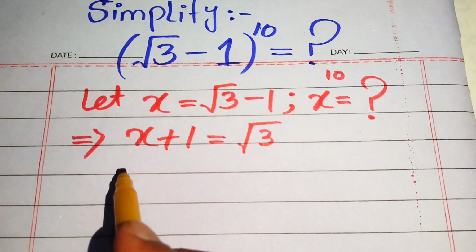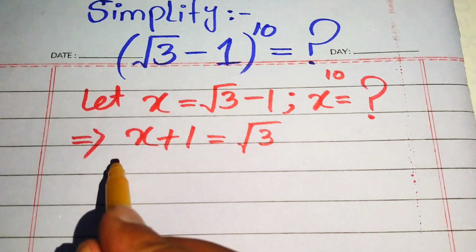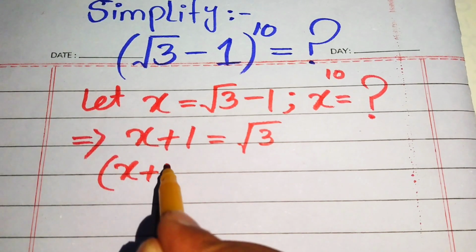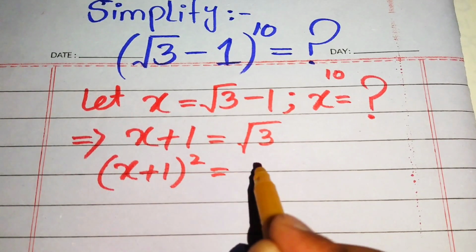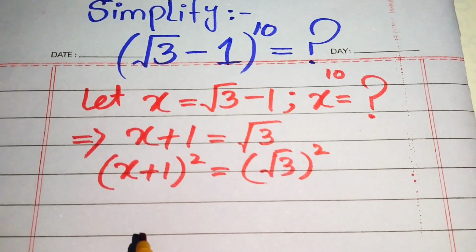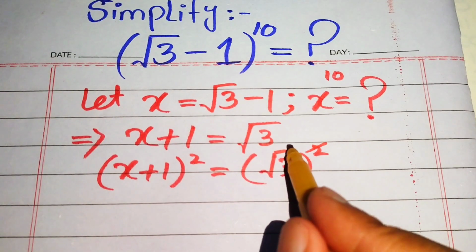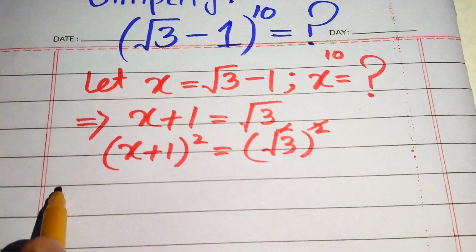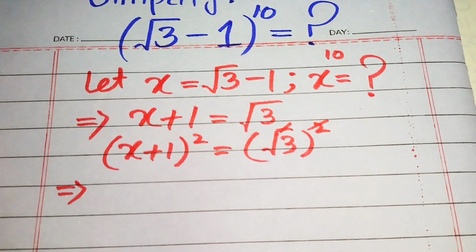And now we need to take the square on both sides of this equation, so it is written as x plus 1 whole square equals square root of 3 and its whole square. So the square and square root are gone, and on the left hand side we use the nice square identity which you learned at school level.